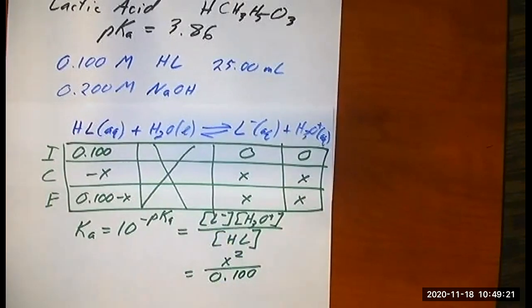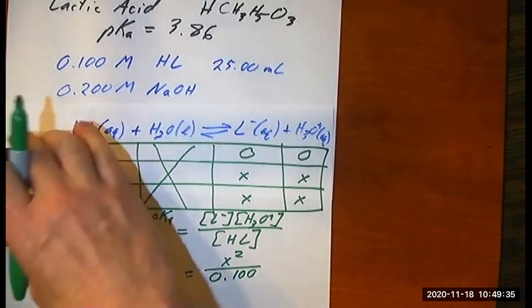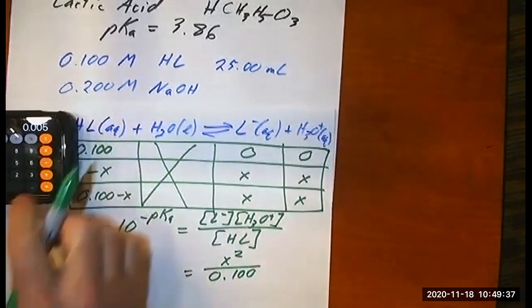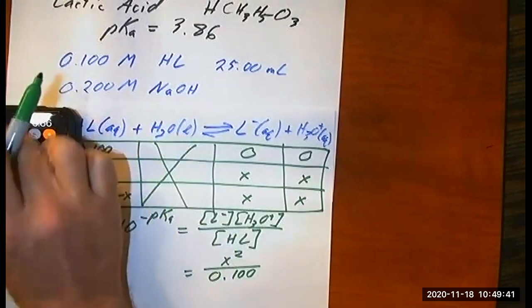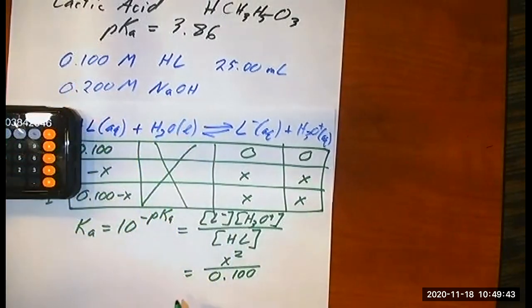So, calculator. There we go. So we want the pKa of 3.86, change sign, 10 to that power.